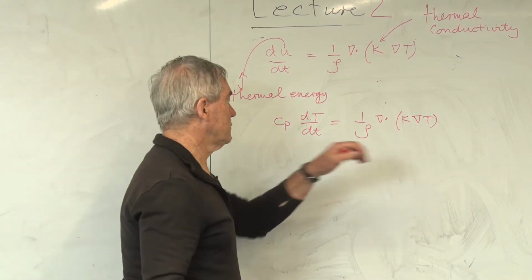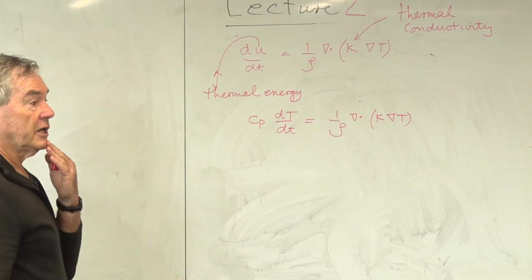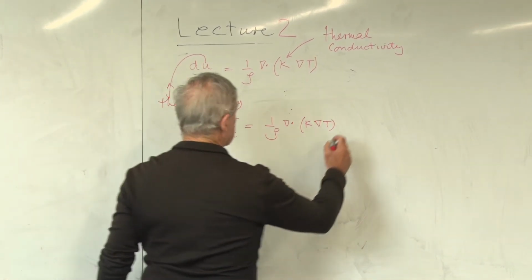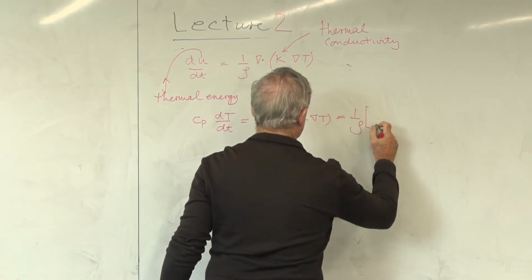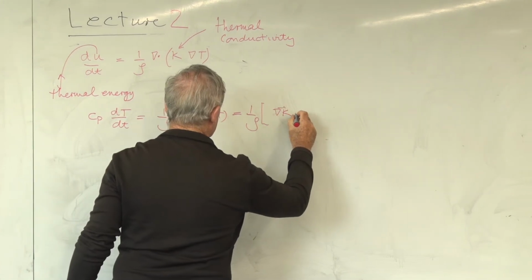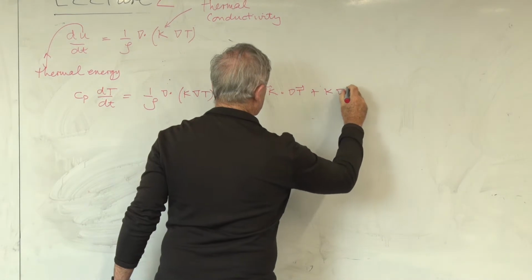There are second derivatives in here, and the first thing you might think of is that you'll write this as grad kappa, so we'll take the gradient of this, dot grad T, plus kappa del squared T.